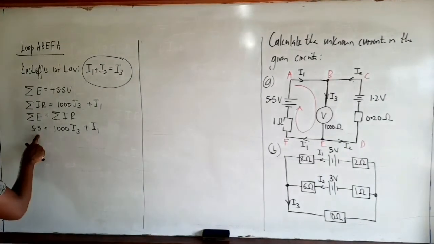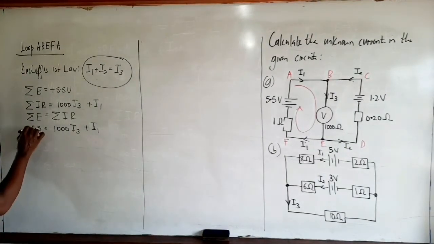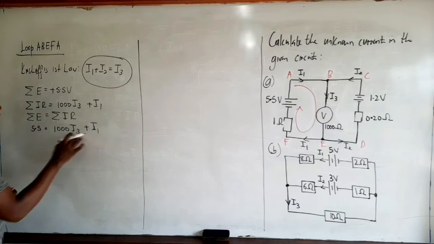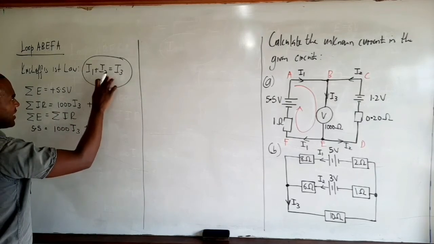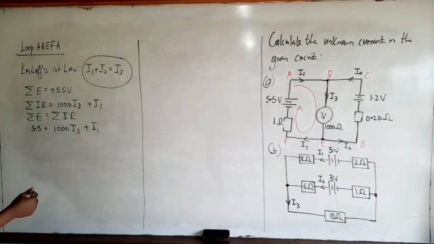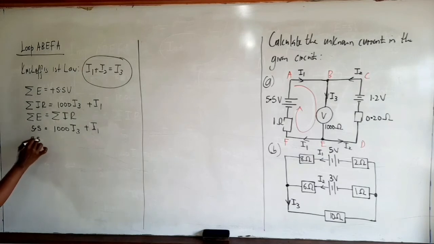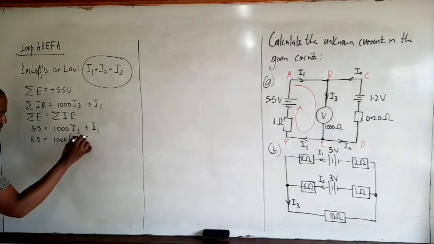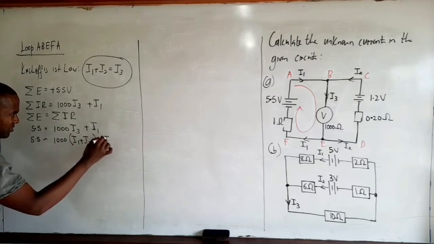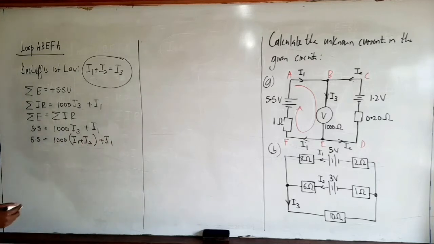So we have 5.5 is equal to 1000 I3 plus I1. But of course, from Kirchoff's first law, we know that I1 plus I2 is equal to I3. And therefore what we will do is to replace I3 with the sum of I1 and I2. So we have 5.5 is equal to 1000 times (I1 plus I2) plus I1. We expand the brackets and simplify.